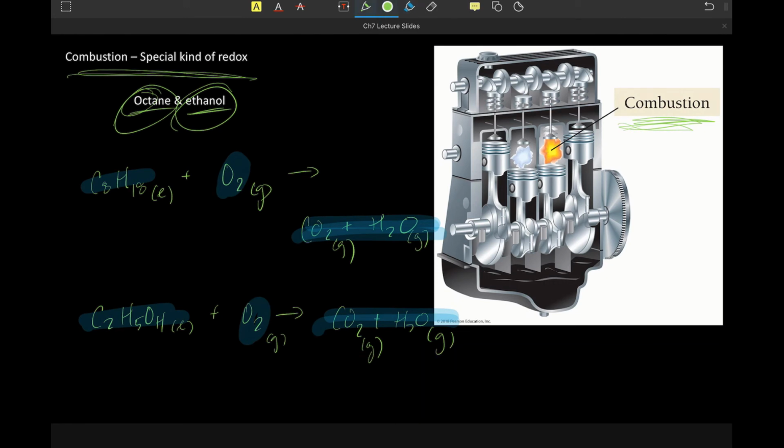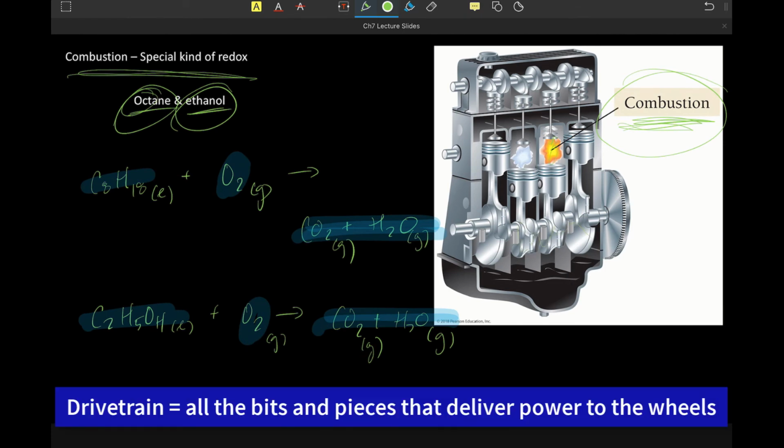Which is why in our engines we have something that creates a small spark, which then creates a controlled combustion reaction. That combustion reaction, the heat, then makes the gases expand, and as that gas expands and then contracts, that's what moves all your bits and pieces, which then move your axles, which then move your tires.